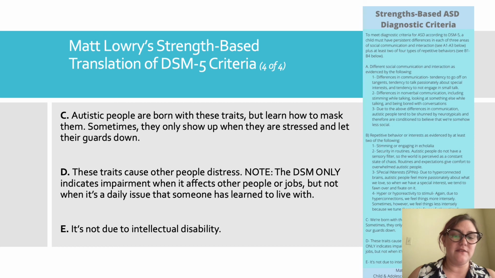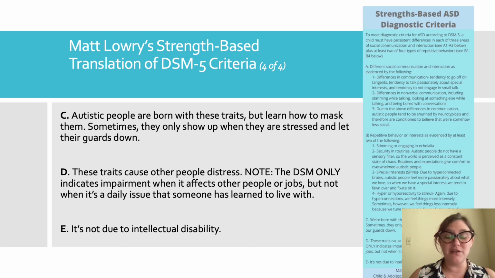And then lastly, this is how he describes the other characteristics. See, autistic people are born with these traits, but they learn how to mask them, like I mentioned earlier, and sometimes they only show up when they're stressed and they let their guards down. D, these traits cause other people distress.